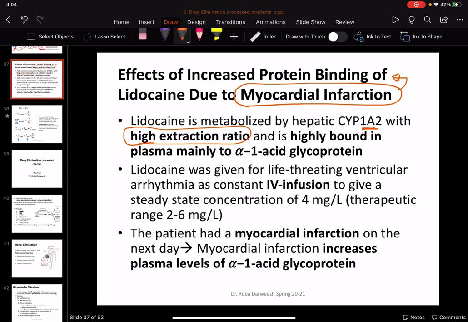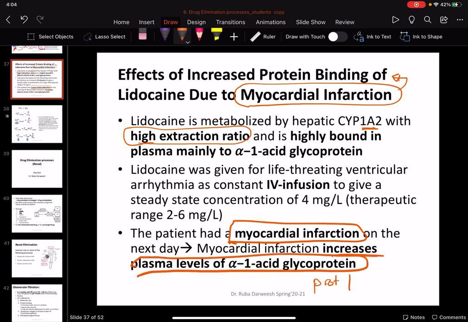It was given for a life-threatening ventricular arrhythmia as a constant IV infusion to give a concentration of 4 milligram per liter. The patient had an MI, and the next day this disease increases the plasma level of the protein, which means this would decrease the fraction of the free drug.